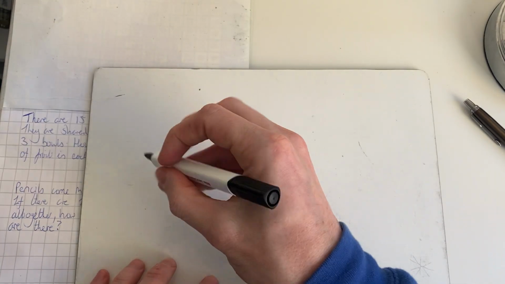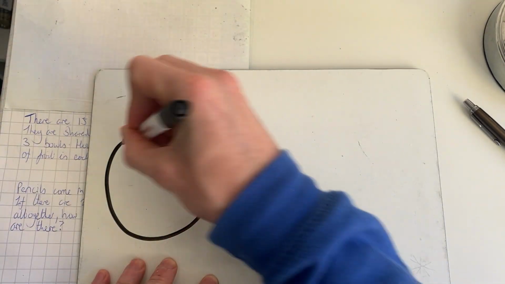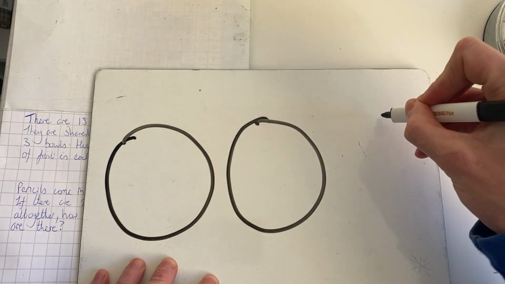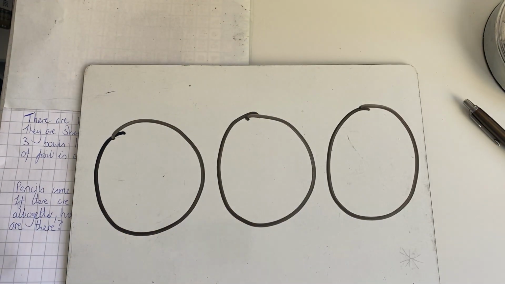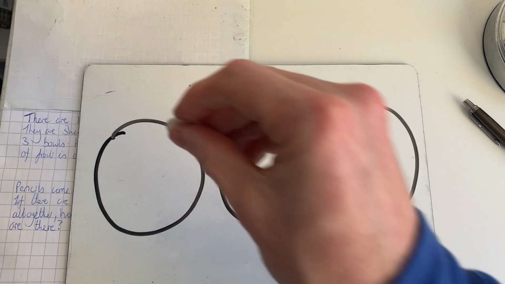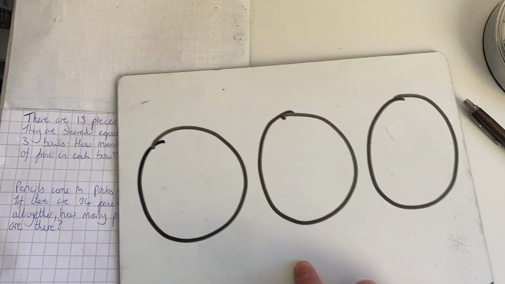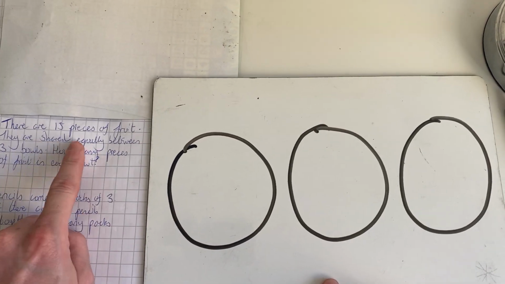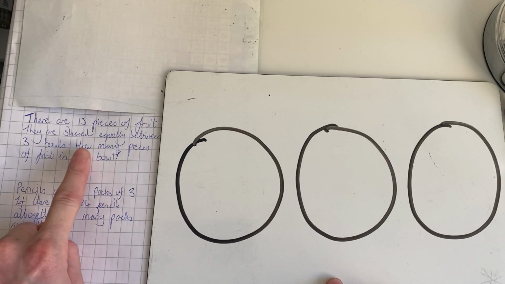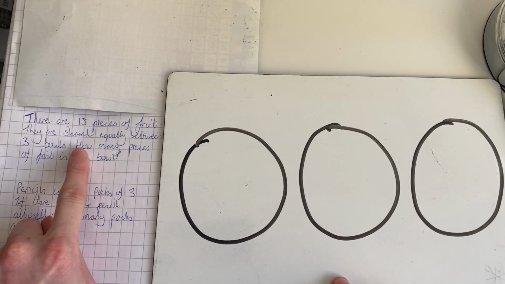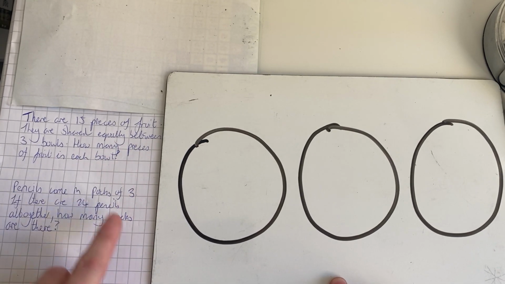So we've got 3 bowls, 1, 2, 3, and we've got 15 counters. The question says again, there are 15 pieces of fruit, shared equally between 3 bowls. How many pieces of fruit in each bowl?